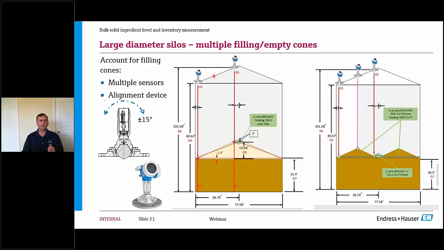So if you mount it maybe a quarter of the way from the silo wall, you can still aim it down towards the center of the silo here. So then that generally gives you the best average if you only want to put one sensor in there. So there are multiple ways of addressing the scenarios where you have large silos with multiple filling cones in the media.